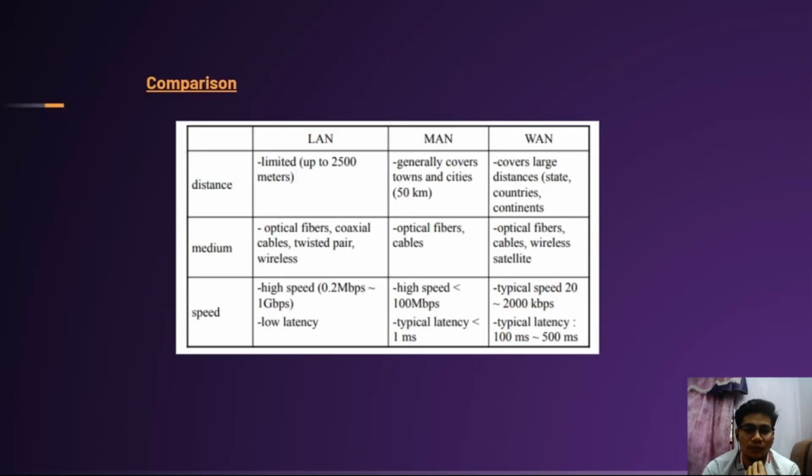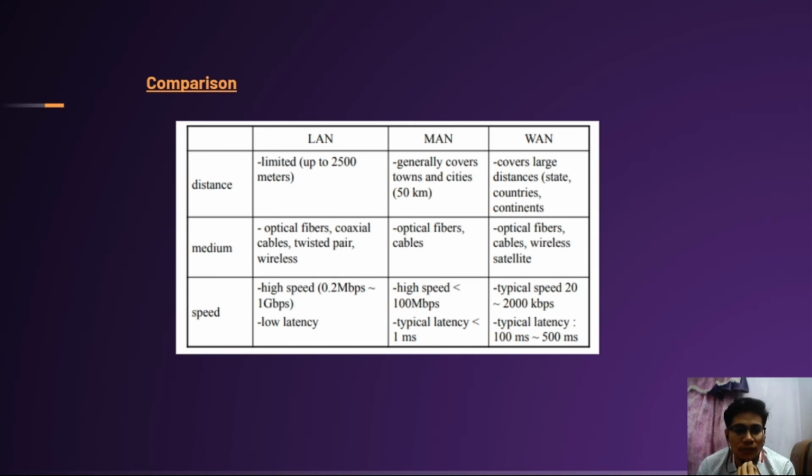And for the last part is the comparison between LAN, MAN and WAN. For the distance, LAN is up to 25,000 meters, and the MAN basically covers towns and cities, about 50 kilometers, and the WAN covers around the world.